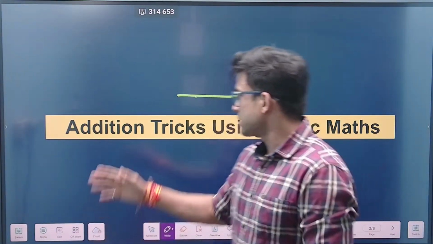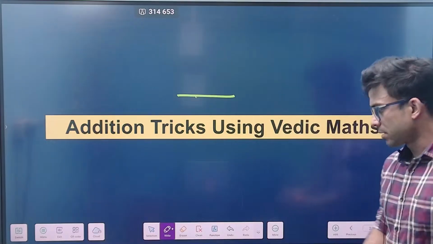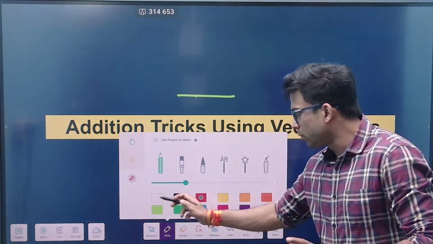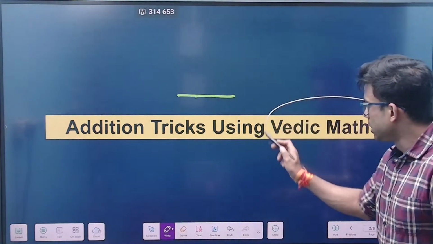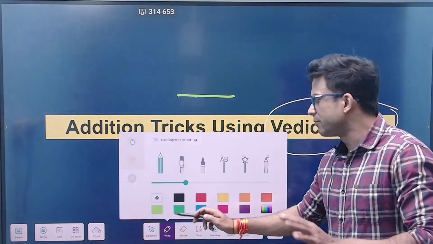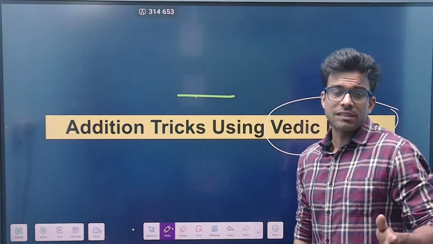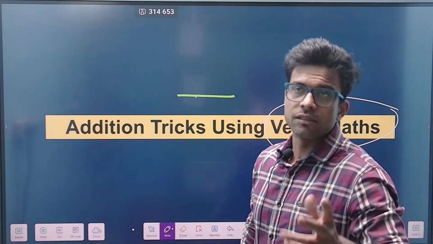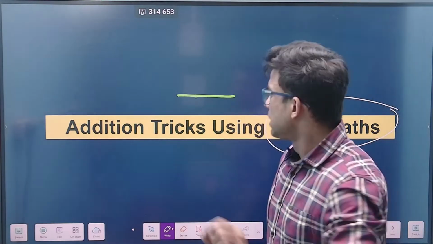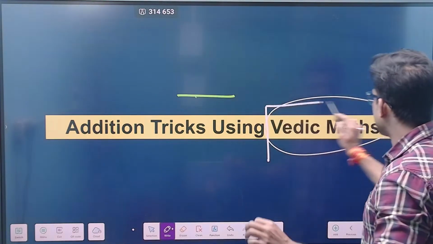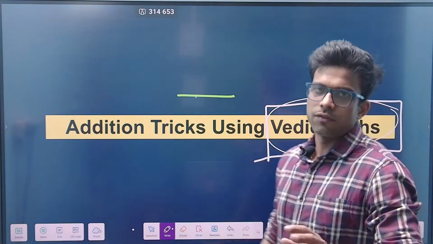So today we'll discuss addition tricks using Vedic maths. Now this is very important. Vedic maths is a very ancient kind of method. Might be some of you know this, that sir, I know how to apply Vedic maths, but the point is that if you're not practically using this method, then it's a waste of time, correct?